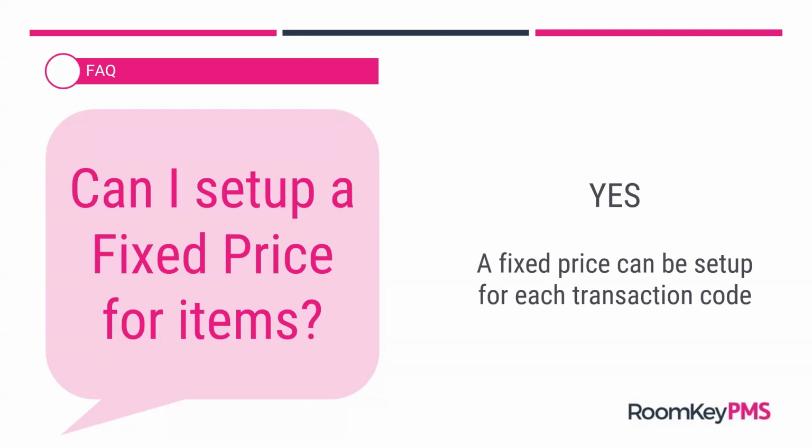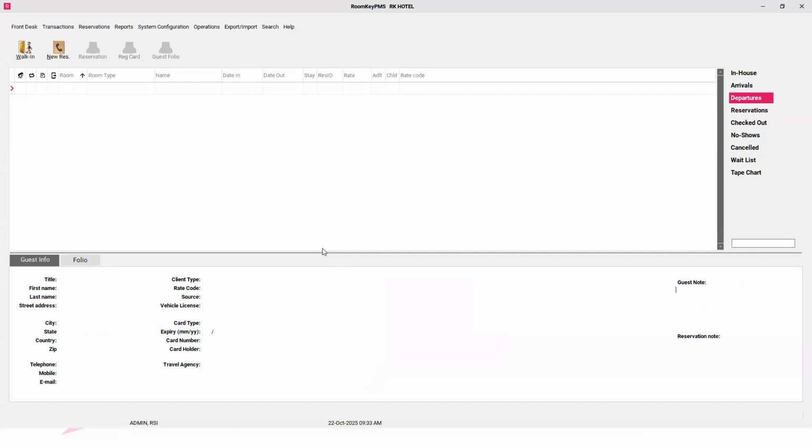You will need to set up a fixed price for each transaction code. I have an example here in my demo. I'm just going to open up my sundry sales module here in the operations menu.